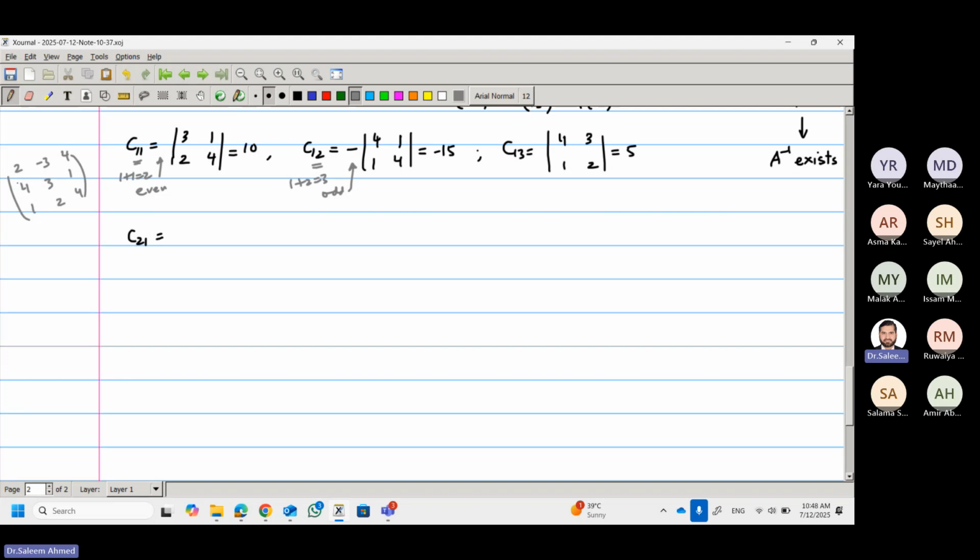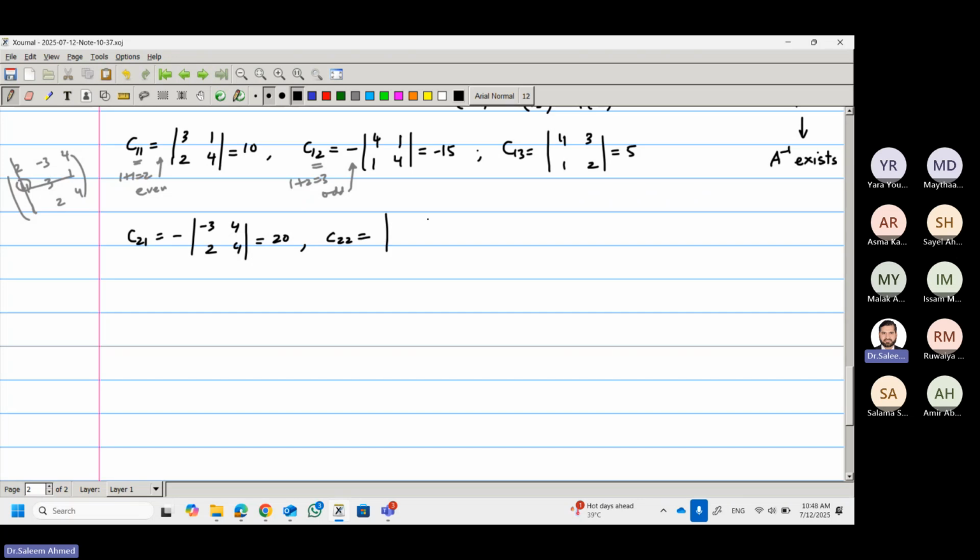So C21 is this now, second row, first column. So remove this line. You will get a minus sign because 2 plus 1 is odd. So now minus 3, 4, 2, 4. Right? So that is minus 12, minus 8, minus 20, but minus is outside, so 20.